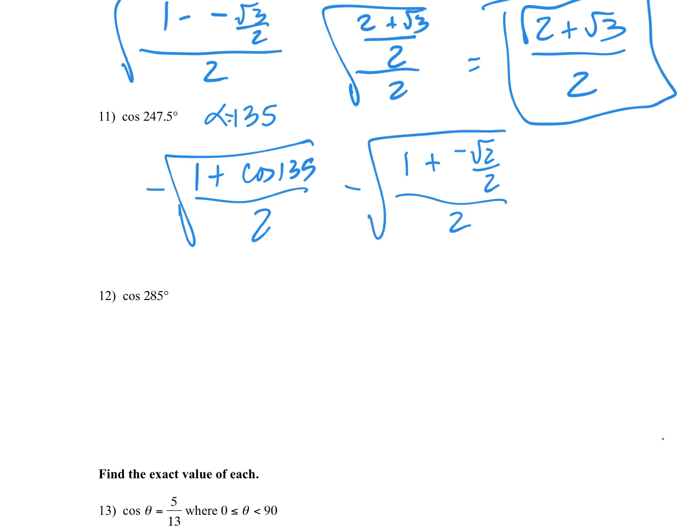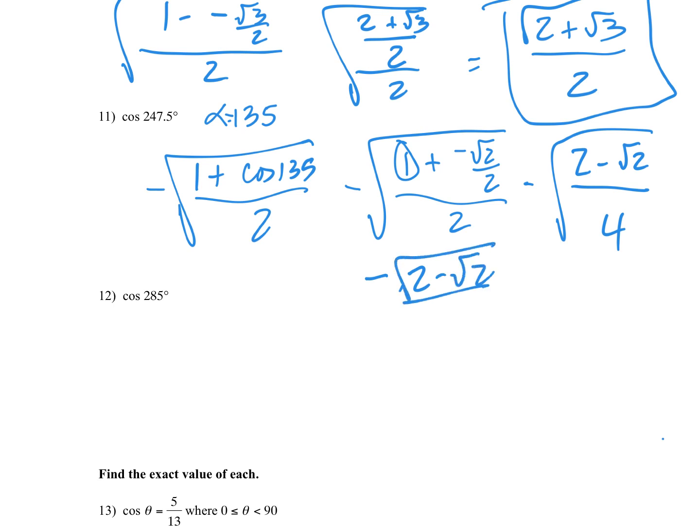So now we have 2 minus root 2 over 4, because this turns into 2 over 2, and then we get the 2 down here that turns into the 4. So the final answer should be, with a negative in the front, negative 2 minus root 2 under the radical over 2.